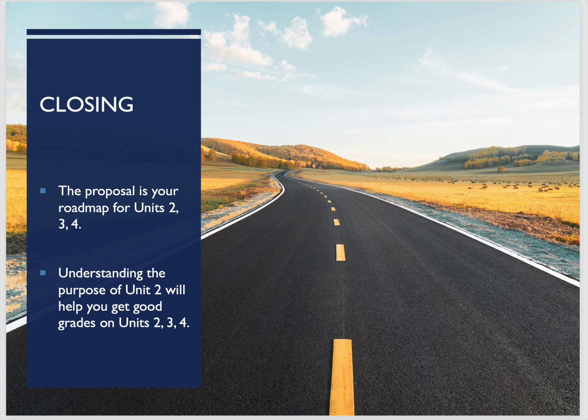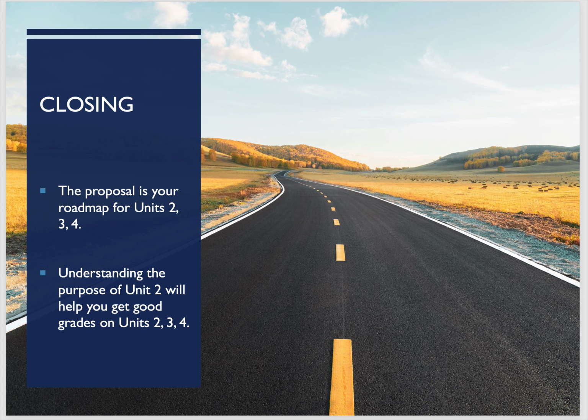And in closing, I'm just reiterating this because this is the number one thing that people are so confused about. The proposal is your roadmap for Units 2, 3, and 4. So whatever you write about in Unit 2, you need to reference it for Unit 3 and Unit 4.